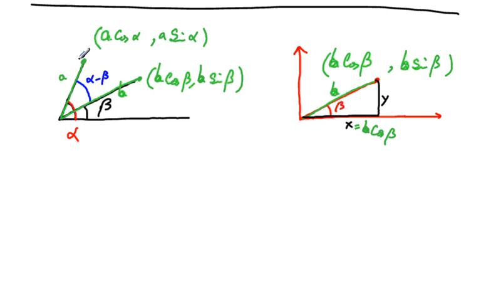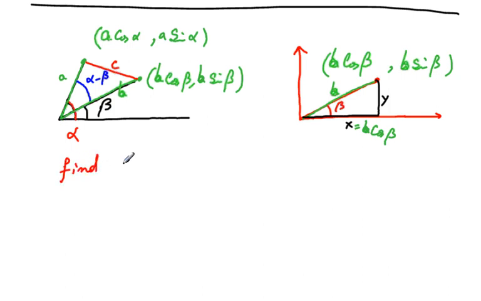Now we do one or two things. One is that I ask you what is the distance of these 2 points. Call that C. We do it 2 ways.